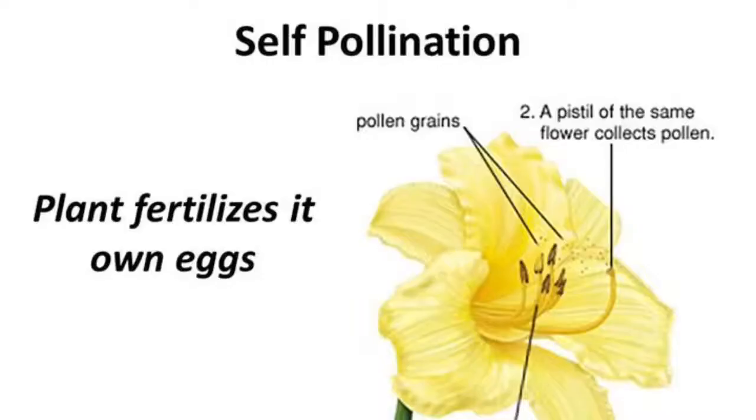If there's only one flower or one plant involved, it's called self-pollination. But if there's two flowers or two plants involved, that has a different term called cross-pollination.